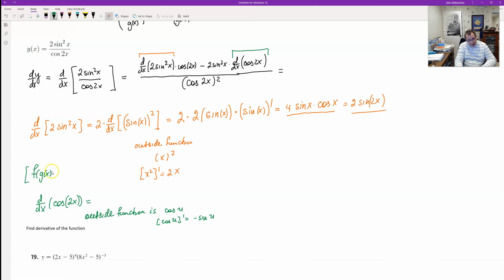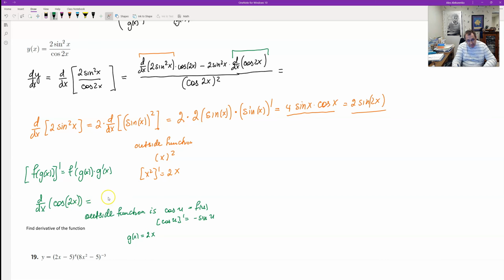Derivative of f of g of x prime is f prime evaluated on g of x times g prime x, and here f is the cosine and g would be the 2x.